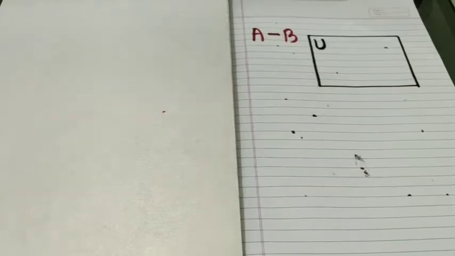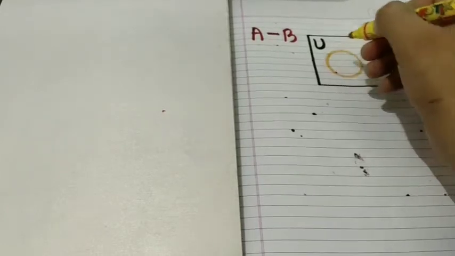Now let us take one more example, like we wish to show the difference of set A and set B with the help of Venn diagrams. Again we will start with the universal set, which is represented by a rectangle. Let this rectangle show the universal set.